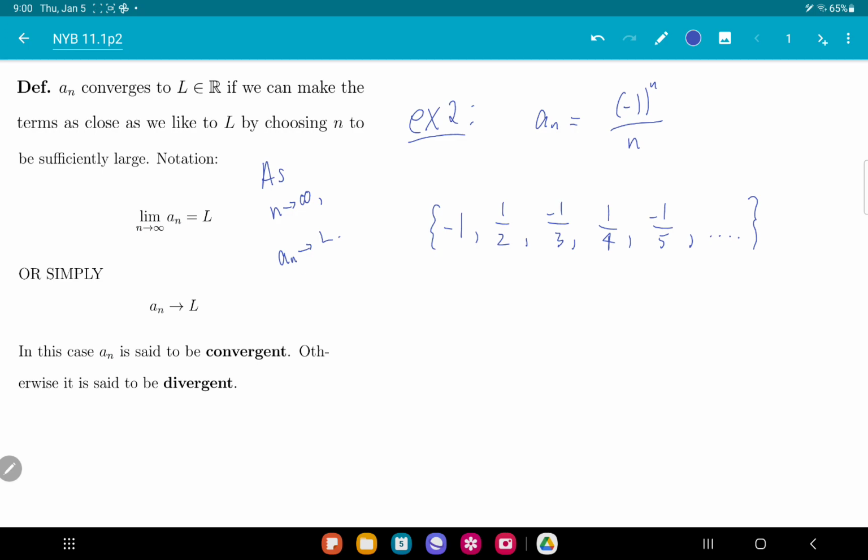But to demonstrate that, I'm going to use something called the squeeze theorem. So I indicate that I'm going to use this approach.